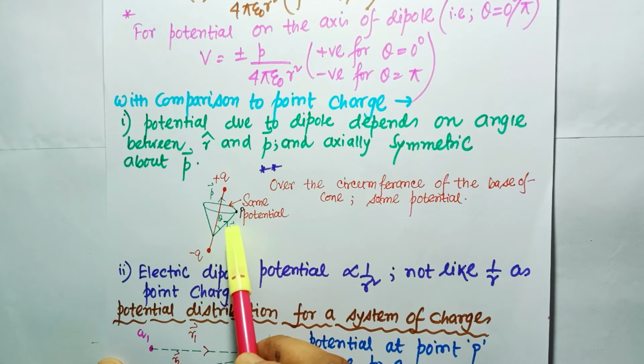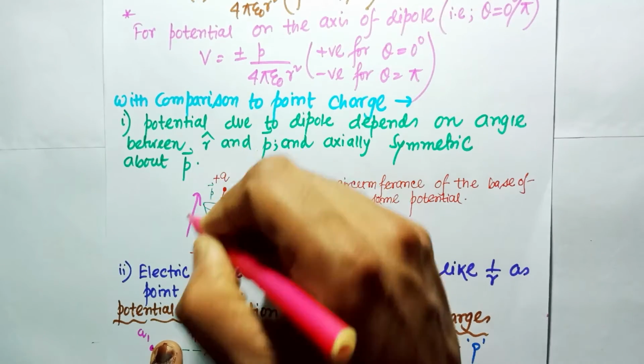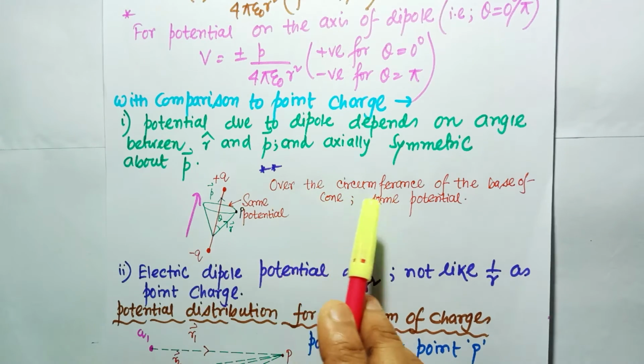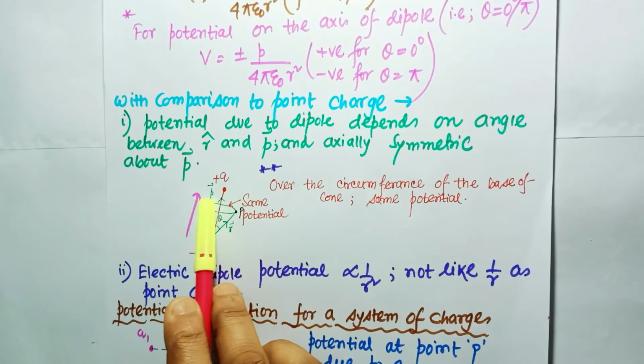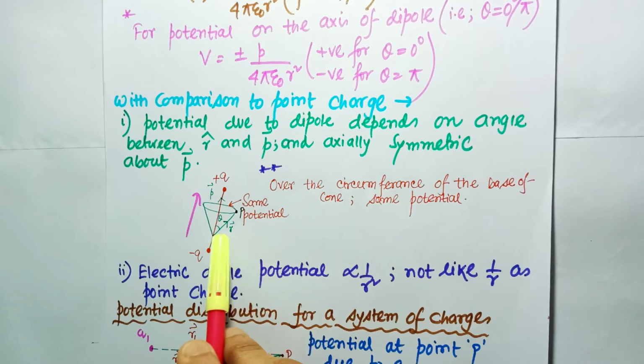If I rotate the r vector about p, the dipole moment direction, you can see it makes a cone. Over the circumference of the base of the cone, this circular line, there is the same potential because there is only theta dependence, no r dependence. For fixed r there is only theta dependence.